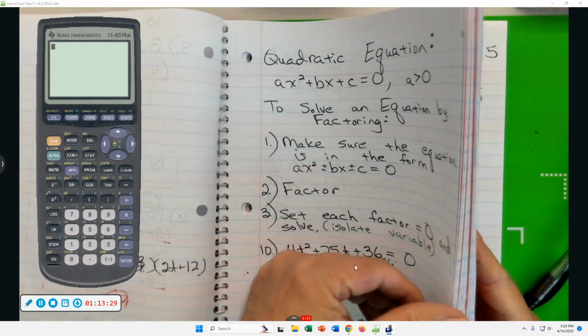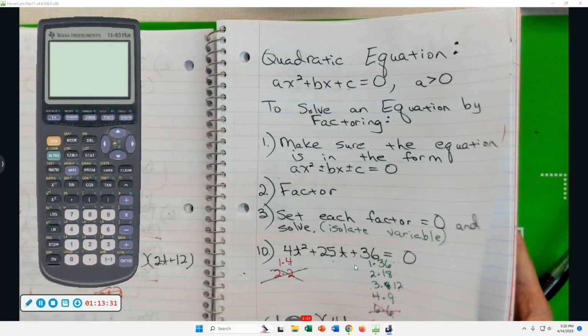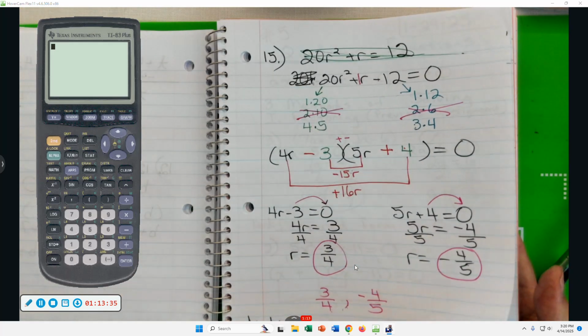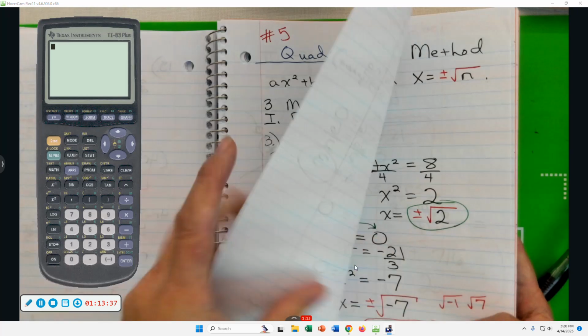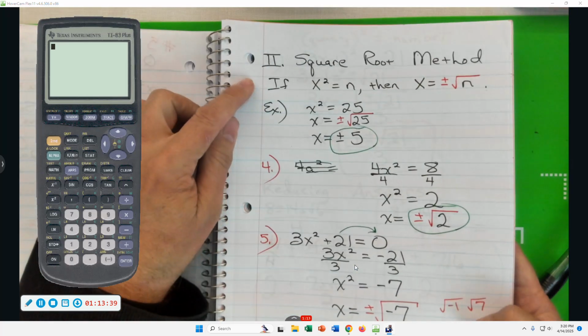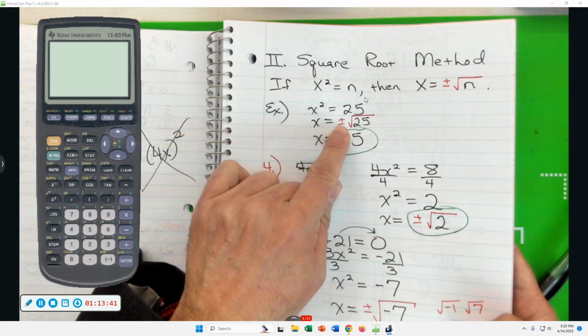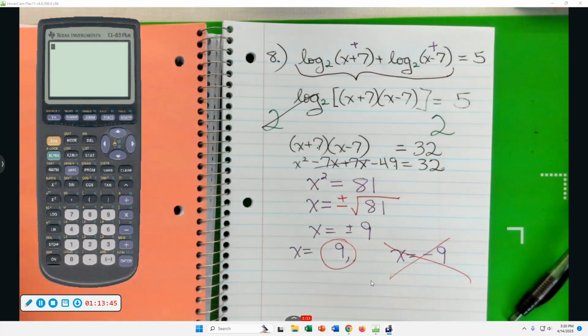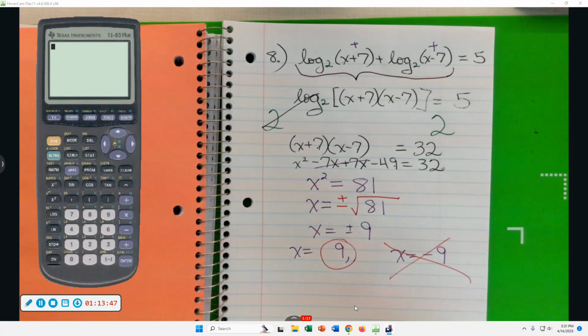Y'all remember that? There it is. Y'all remember the square root method? We'd have to say plus minus 5 here. But here, that negative 9 wouldn't have worked anyway. You have to discard it.